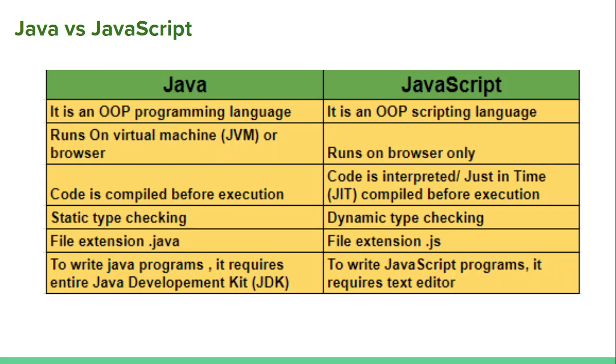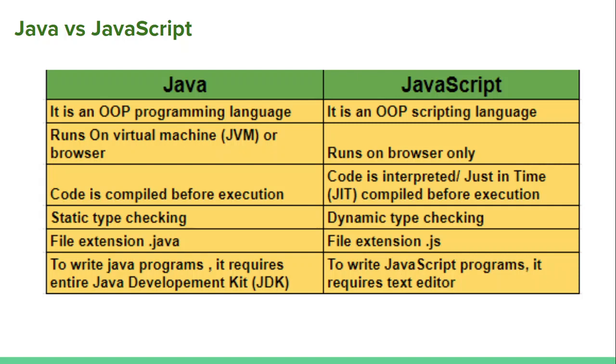But JavaScript supports dynamic type checking, so we don't have to explicitly specify the data type. If we assign numeric value 5 to the variable A, it will automatically detect that it's an integer data type, correct, numeric data type. That is how JavaScript supports dynamic type checking.